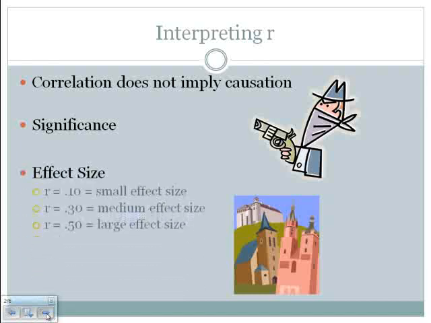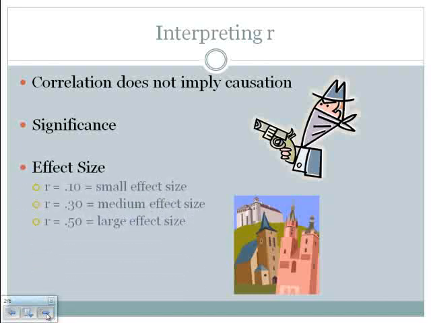I guess a third interpretation is something called effect size. We're not really well schooled on what statistical significance means, but suffice it to say right now, most of what you read in journal articles are the situations where researchers have found statistical significance between variables. And so statistical significance is important in research, but sometimes it's not the only thing that is important. So effect size is related to what would be considered practical significance.